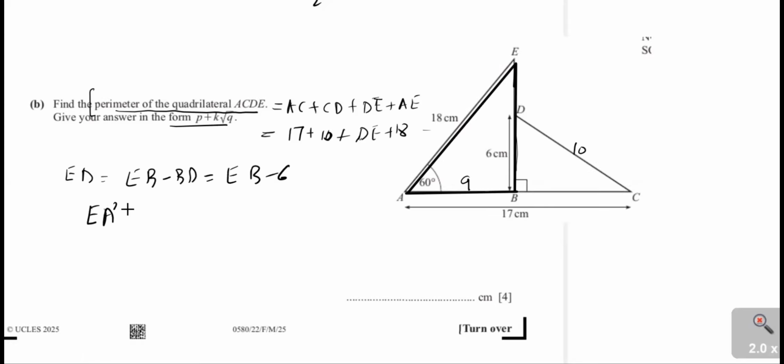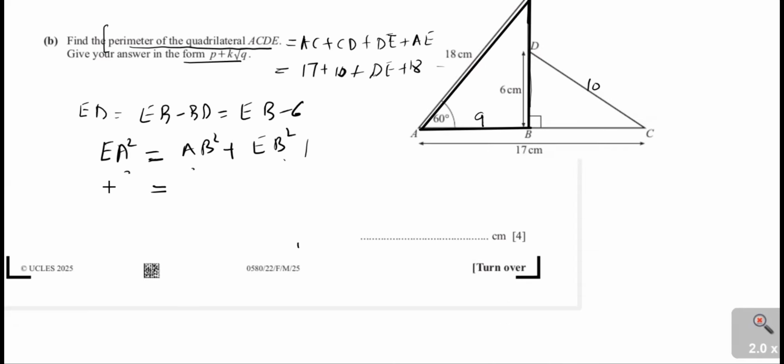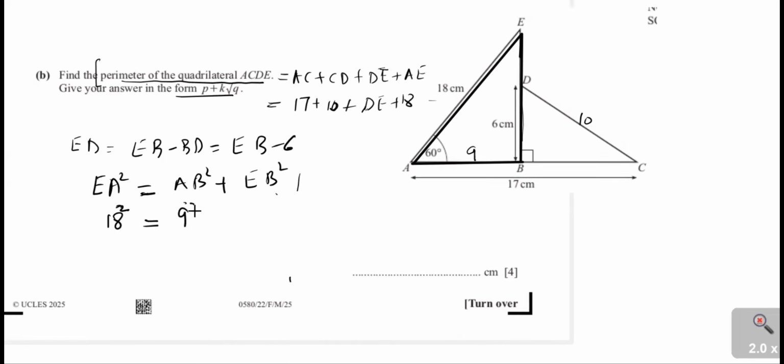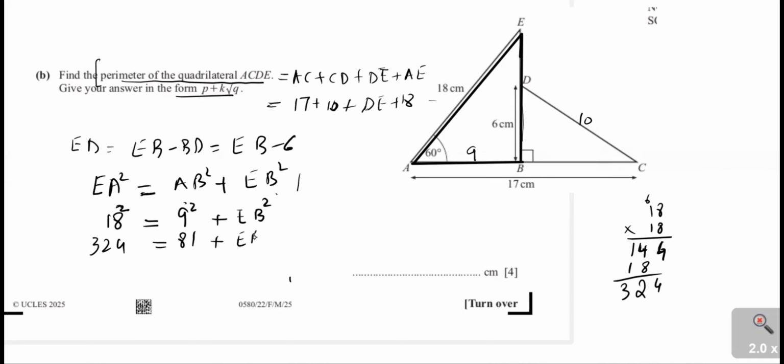EA square equals AB square plus EB square. Here the EA is 18, we write 18 square, AB is 9 square, and this is EB square. And 18 square will be equal to 324. We write 324 equals 81 plus EB square. And 324 minus 81 will be equal to EB square.